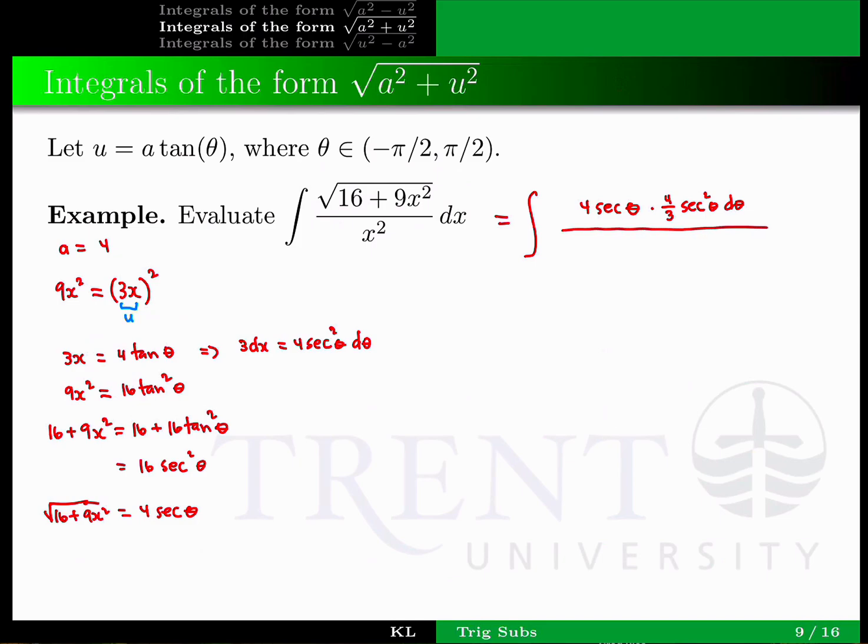For the x squared, we get 16 over 9 tangent squared theta. So again, that came from this one here. Your x squared equals 16 divided by 9 tangent squared theta.